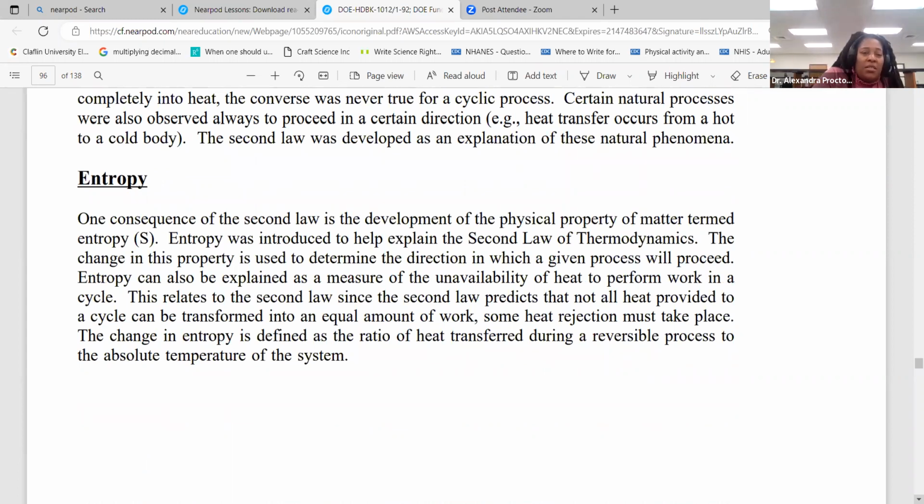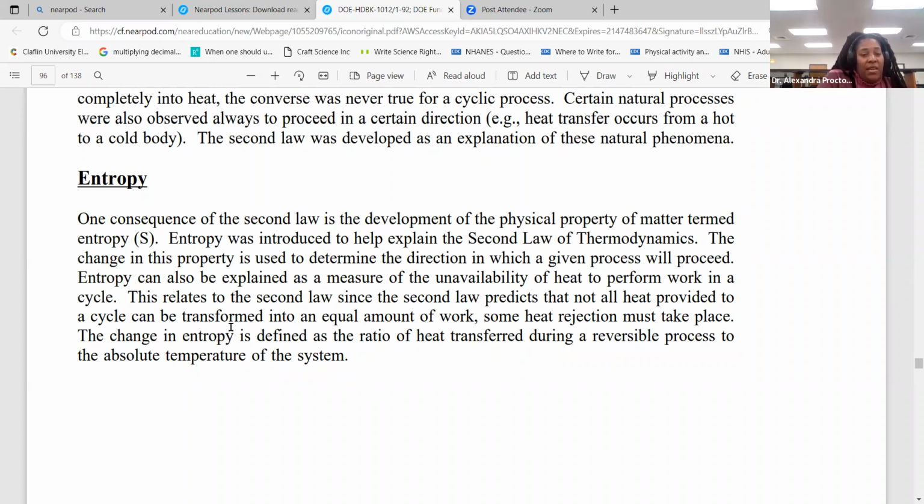So one consequence of the second law's development was the physical property of matter termed entropy. So entropy was introduced to help explain the second law of thermodynamics. The change in this property was used to determine the direction of a given process, the direction in which this process would proceed.